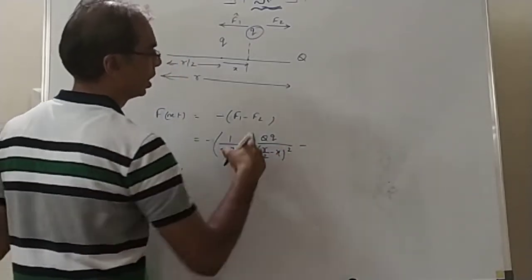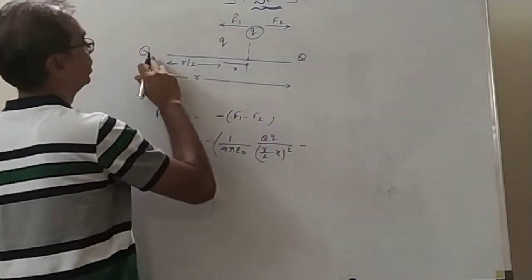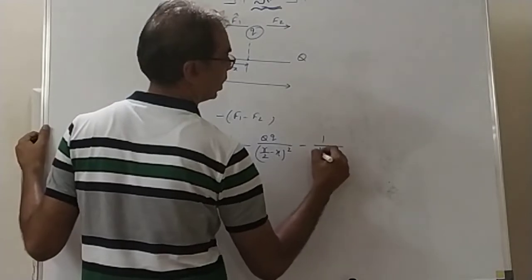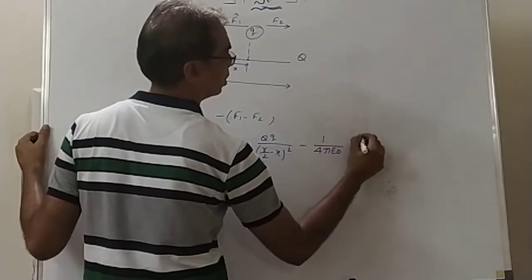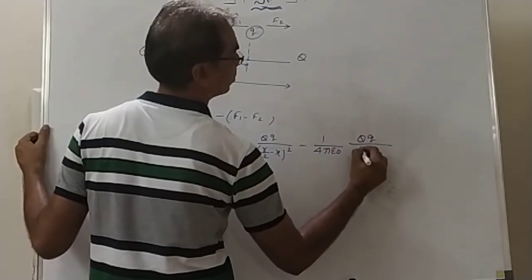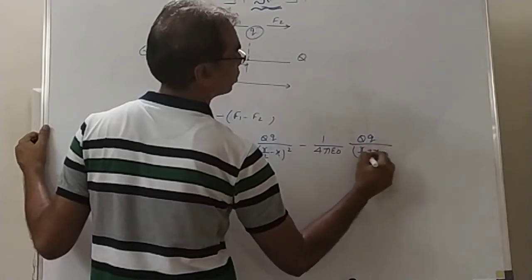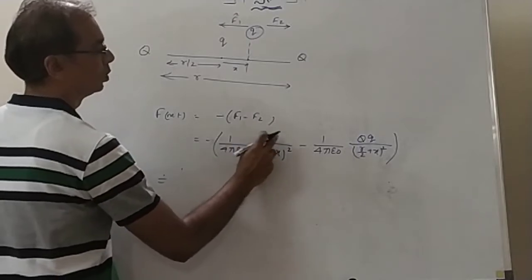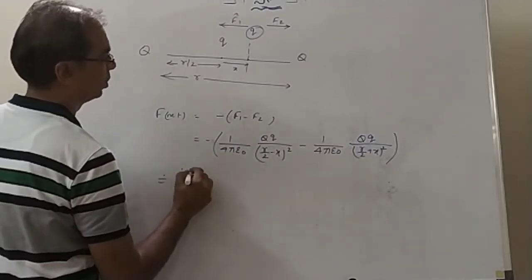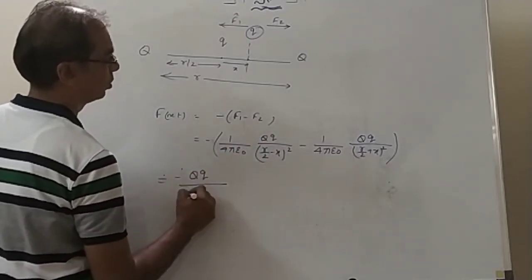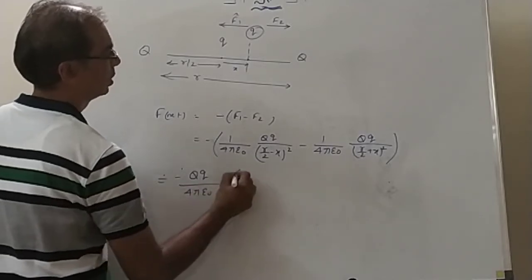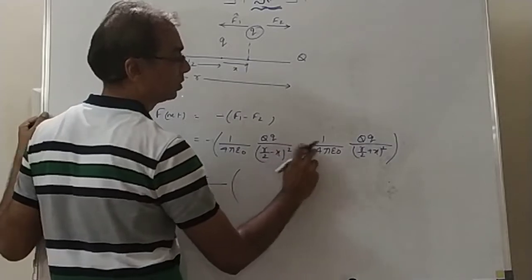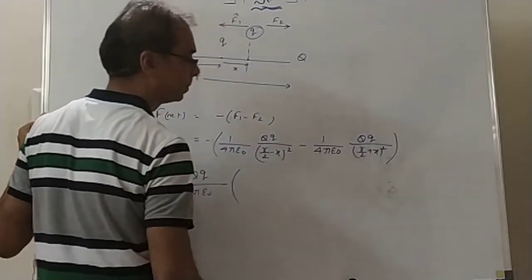Minus F2, the force from this charge: 1 by 4 pi epsilon naught q by r by 2 plus x whole square. What can we take common? Q by 4 pi epsilon naught, take it outside. Then we have 1 by r by 2 minus x whole square minus 1 by r by 2 plus x whole square.